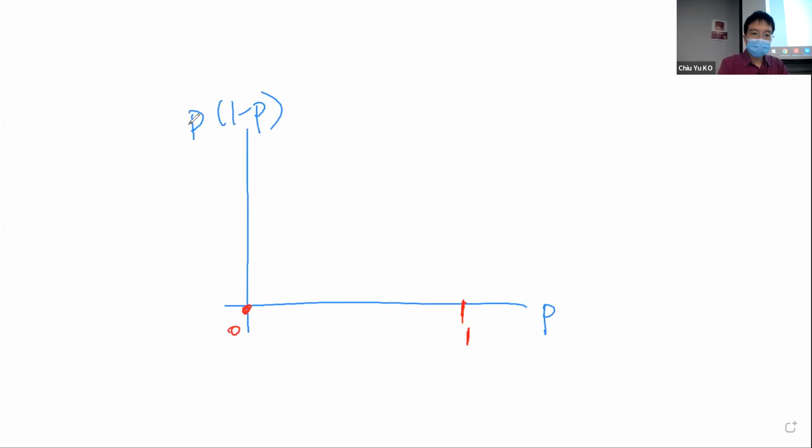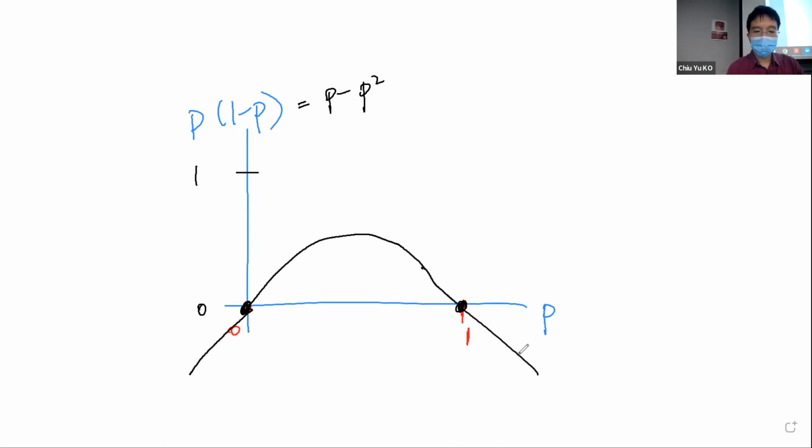When P is 0, this expression is 0, and when P is 1, this is also 0. From high school, this is actually P minus P squared, a quadratic expression, which looks like this. Not very perfect, but you will see the maximum point is at 1/2, where the value is 1/4.